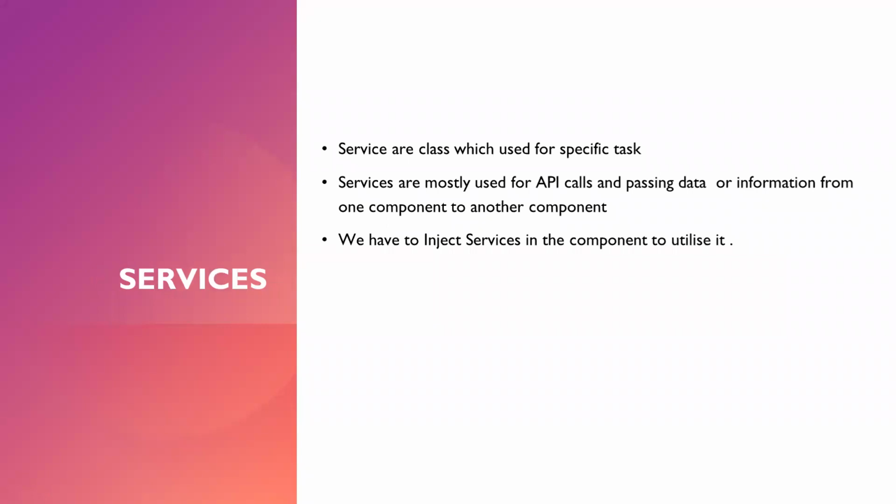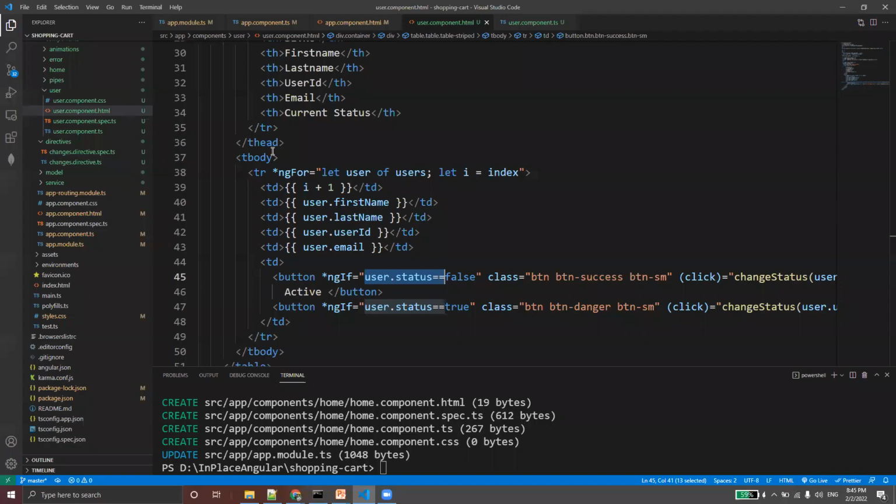Services. This is very important. What are services? These are classes which are used to perform a specified task, mostly used for API calls and passing data from one component to another component, or to reuse code across multiple components. Let's say you have a user component and a home component.